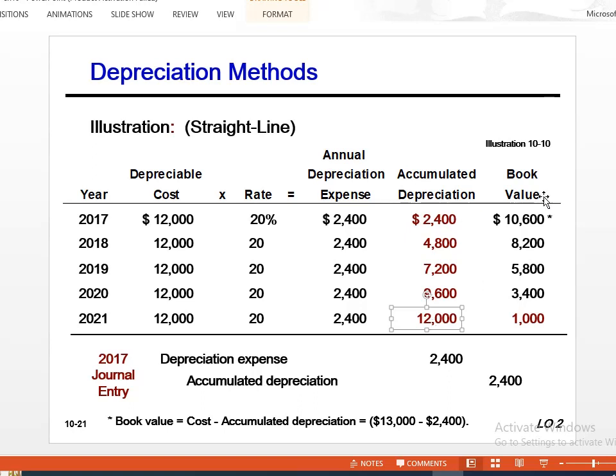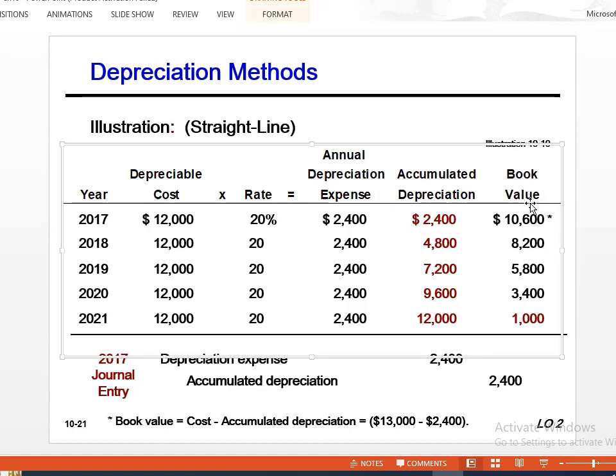Let's talk about the book value. Book value means at any particular point in time or in any year end, what is the remaining value of the asset? What is remaining value? The cost minus how much the asset is already depreciated. So the formula is cost minus accumulated depreciation. That is book value. So at the end of the first year, cost is 13,000.